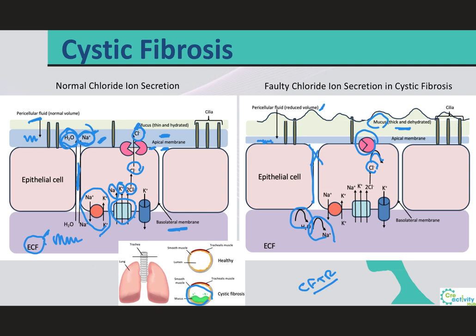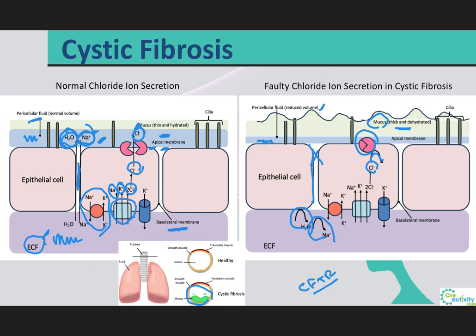We will have obstruction of small bile ducts in the liver, which will interfere with digestion and also disrupt the liver function. We will also see the clogging of the pancreatic ducts that prevent digestive enzymes from reaching the small intestine.